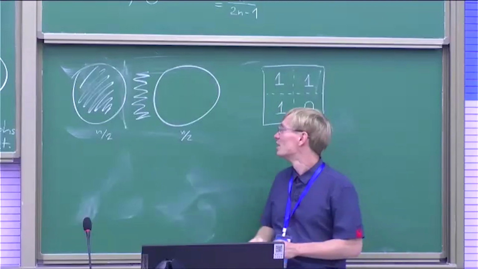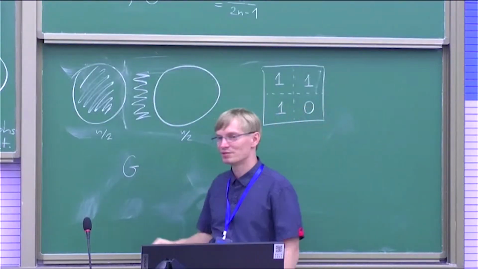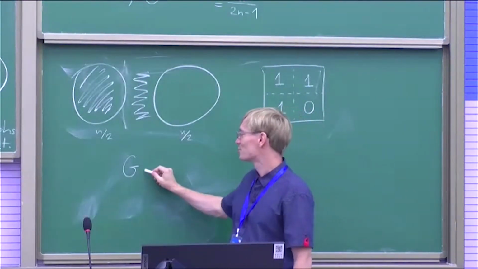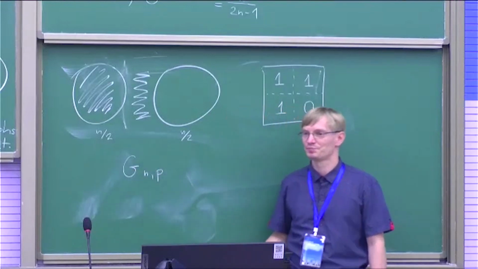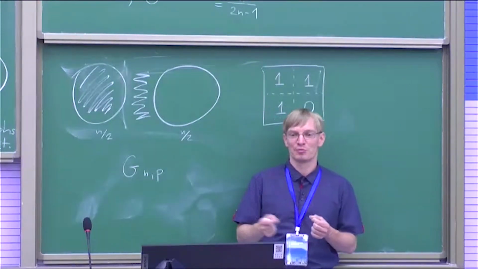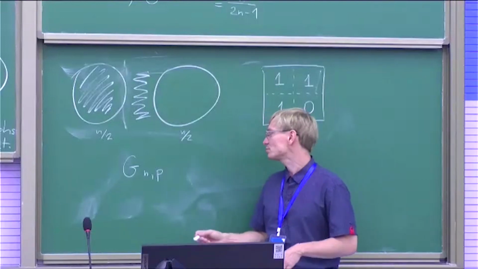Okay, what could be a sequence of graphs that was highly used in the previous lectures? The random graphs G(n,p). For every n, for every two vertices, I pick an edge with probability p, where p is some number between 0 and 1.